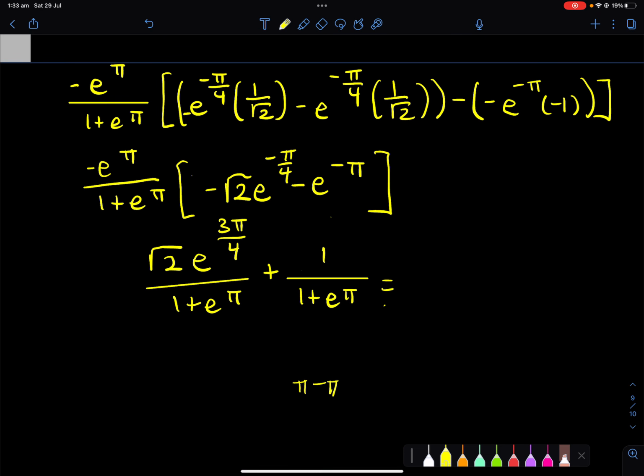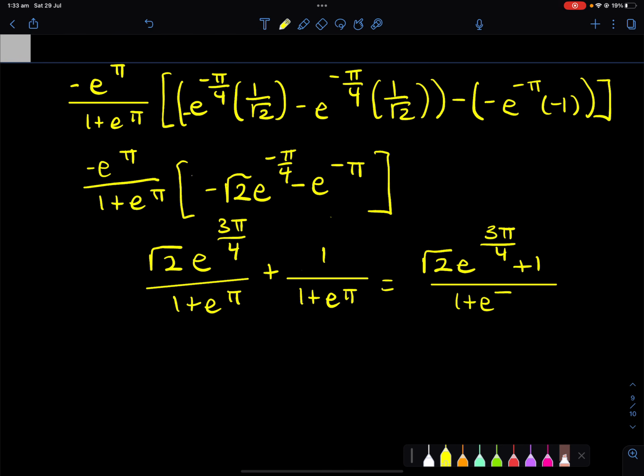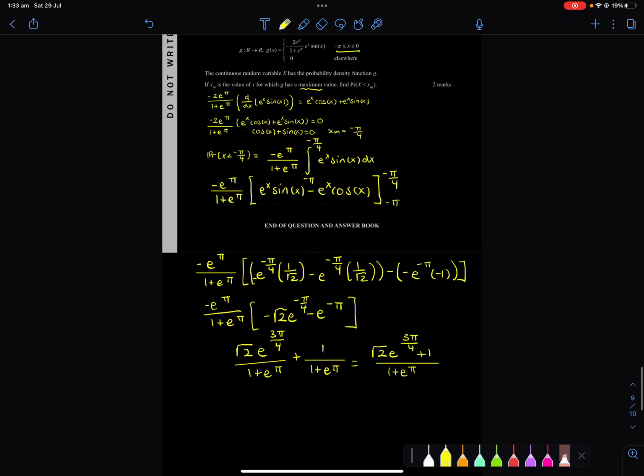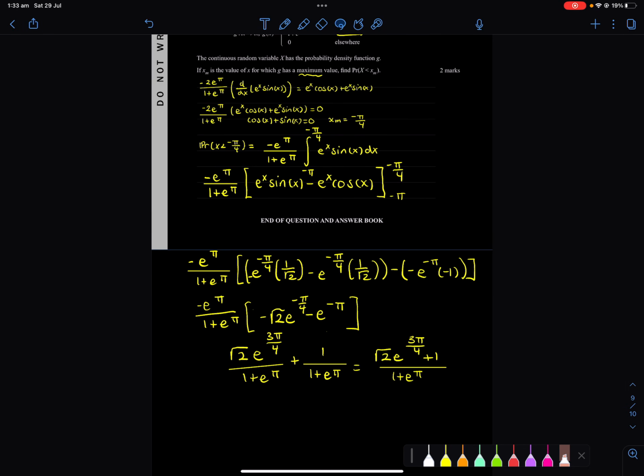So your final answer is root 2 e^(3 pi over 4), all over, oh, forgot that 1 plus e pi. Alright, that's your final answer. I hope that's right. Such a long question for that mark, 2 marks for that.